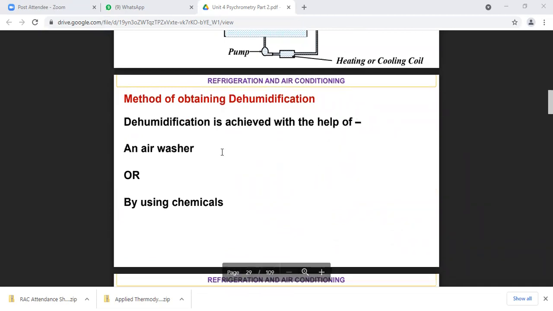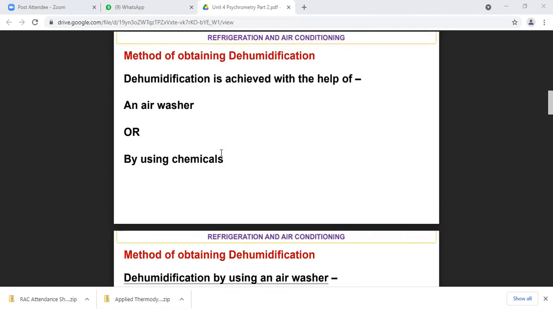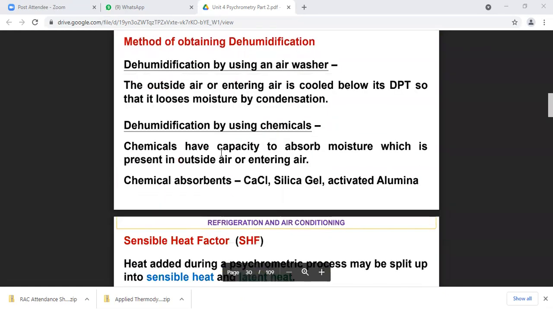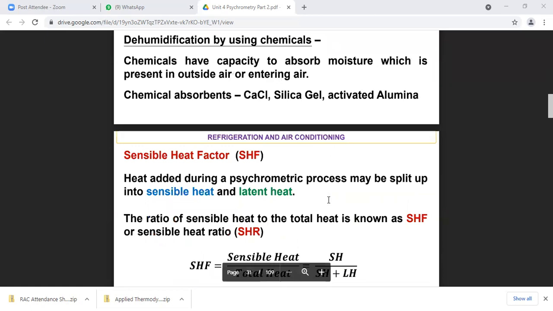Then we have seen the methods of obtaining dehumidification. In that we can see the air washing process, where the outside air entering is cooled below the dew point temperature so that it loses moisture by condensation, and chemicals that have the capacity to absorb moisture, such as CaCl2, silica gel, and activated alumina.